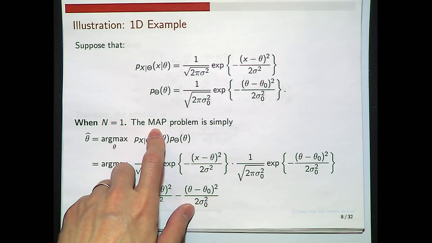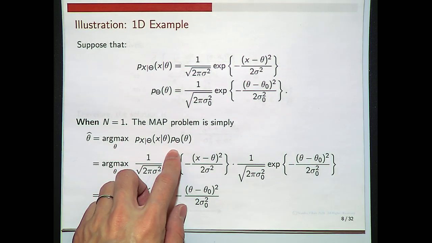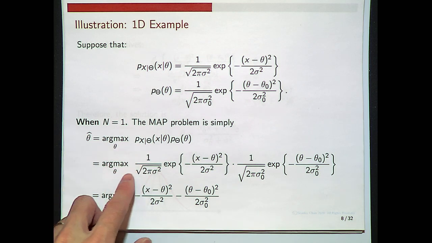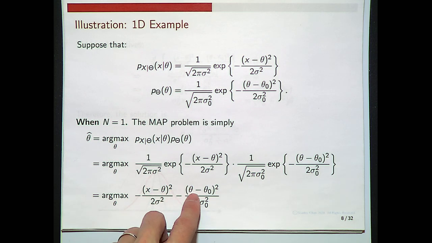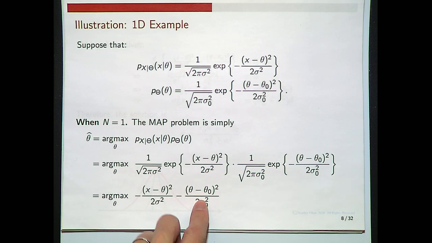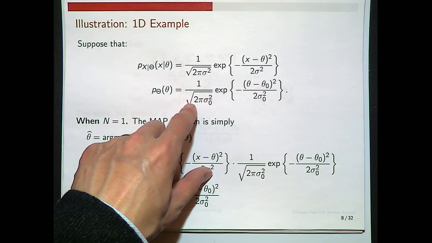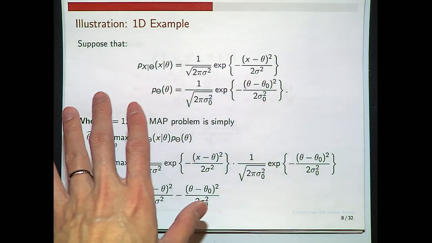Then the maximum a posteriori problem says that I am going to maximize this posterior distribution, which is essentially trying to solve this maximization of x minus theta, and then there's another term. This term comes from the prior. What is the prior? The prior that I'm assuming is another Gaussian. Don't question me why I'm choosing Gaussian, I will tell you later.